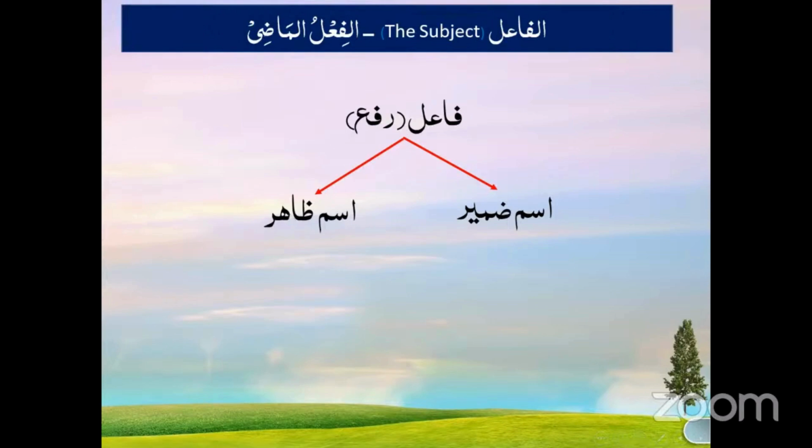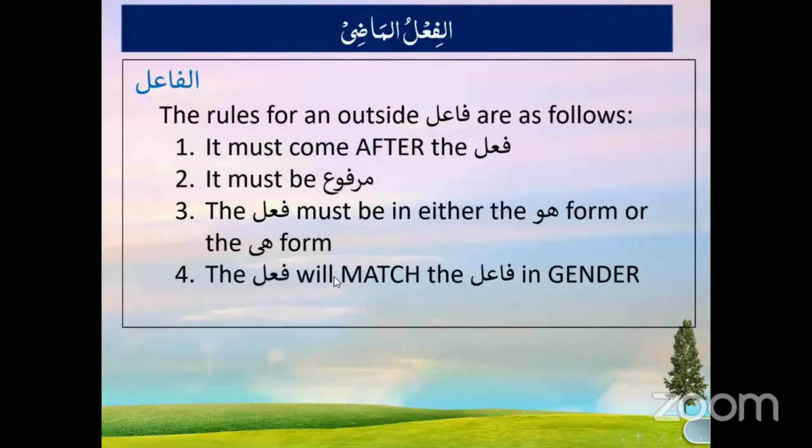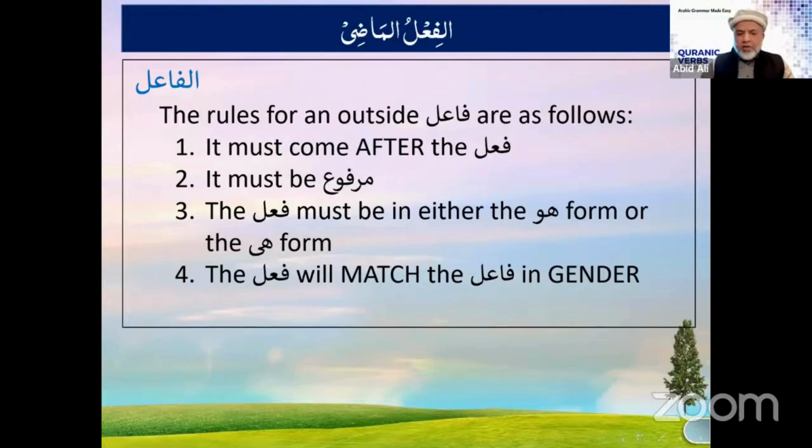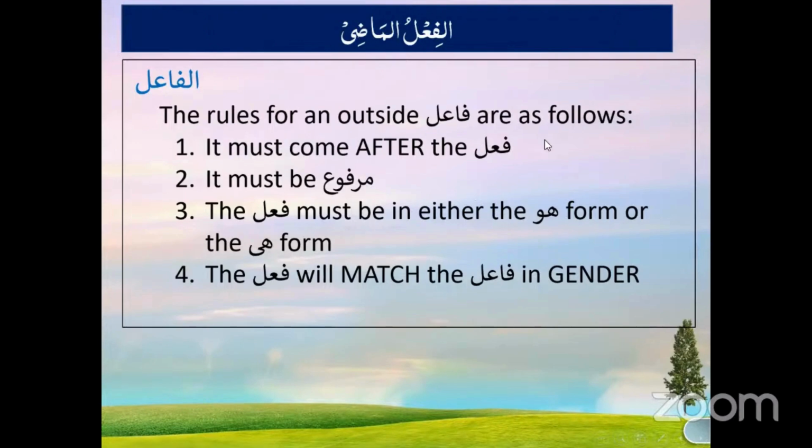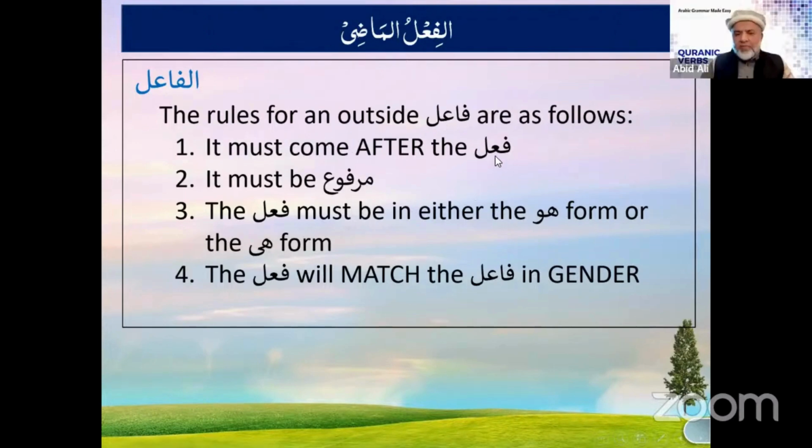What is the meaning of zahir in Arabic? Visible. So the rules are that when the outside fa'il comes, it has certain rules. It must come after the fi'l. It must be marfu. We know this already. We know that the fa'il always comes after the fi'l, and we know that the fa'il is always marfu.